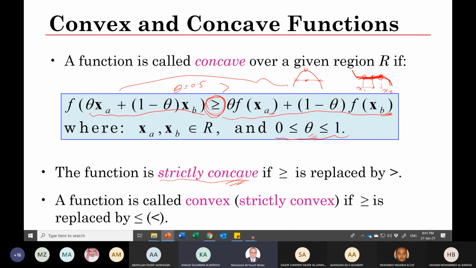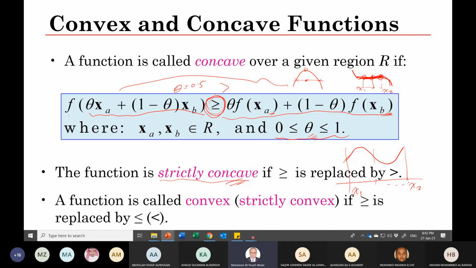If for example, between these points, if this is the case, maybe if you interpolate, here is x1, here is x2. If you are very close to x1, you will find the function is concave.